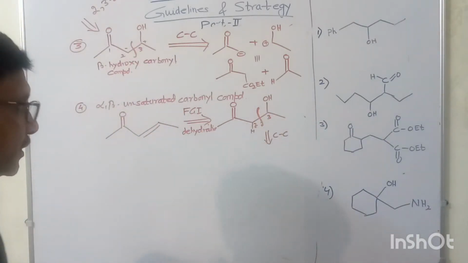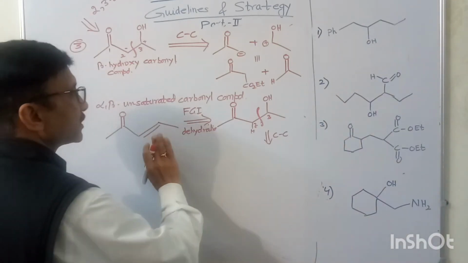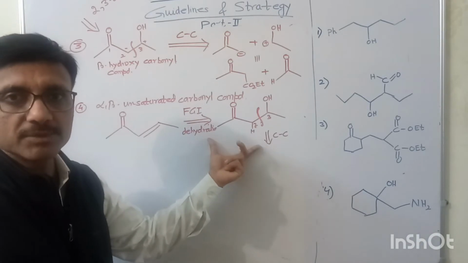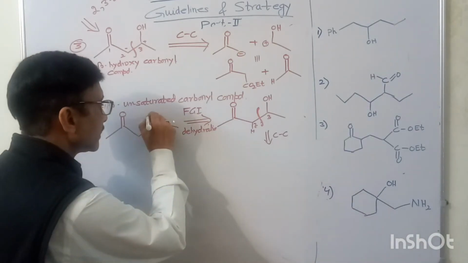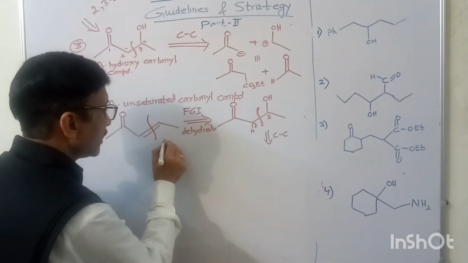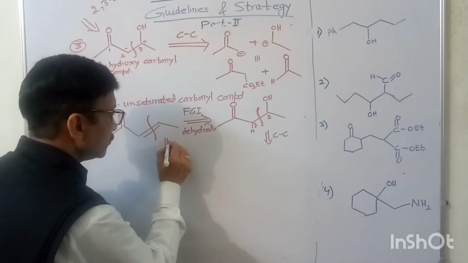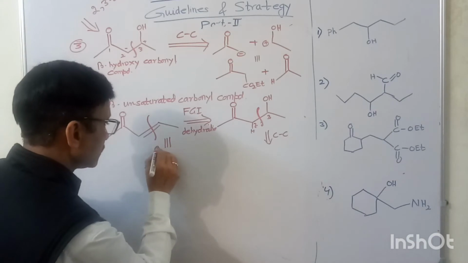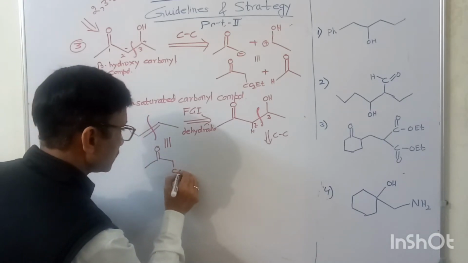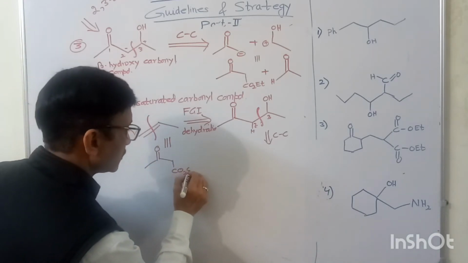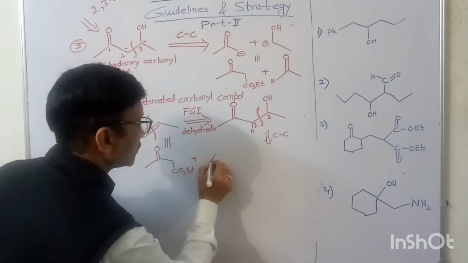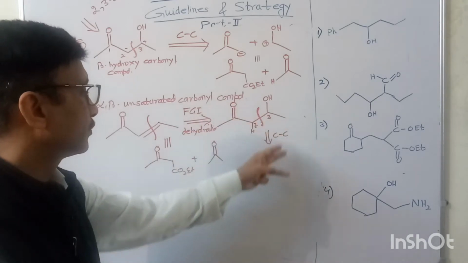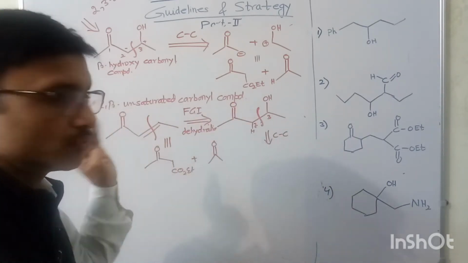Otherwise you can skip this step and directly disconnect this one and write these two as synthetic equivalents. So either go by this, or do it directly.